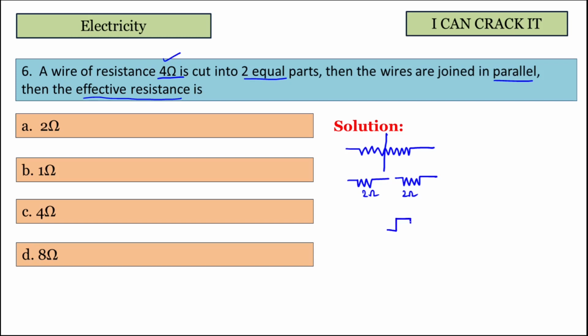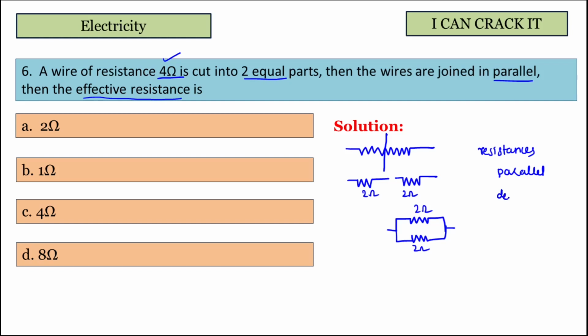And these 2 ohms are connected in parallel. Okay, 2 ohm and 2 ohm. Now what have they asked? They have asked what is the equivalent resistance or effective resistance? See, I told you one thing. Either you can calculate here or you can just check the option. If resistances are connected in parallel, then what is the overall resistance?